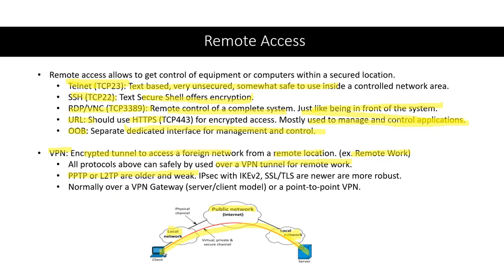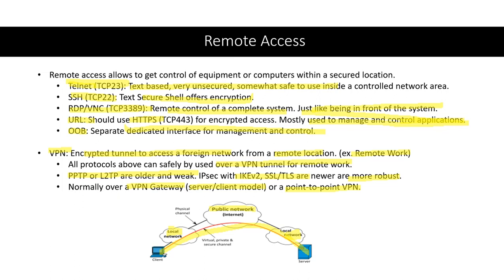There are different protocols used for VPN. PPTP, the Point-to-Point Tunneling Protocol, and L2TP, the Layer 2 Tunneling Protocol, are older and weak protocols. So what you want to use is either IPsec or SSL/TLS, which are newer, more robust and more secure connections. Normally on a VPN, you'll need a VPN gateway. That's for the client-server model.